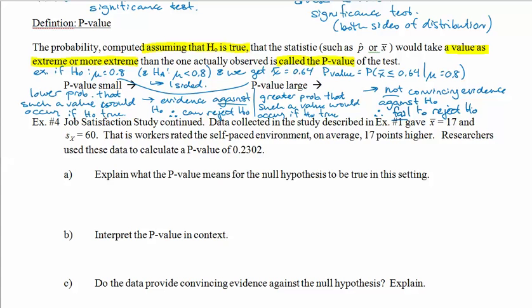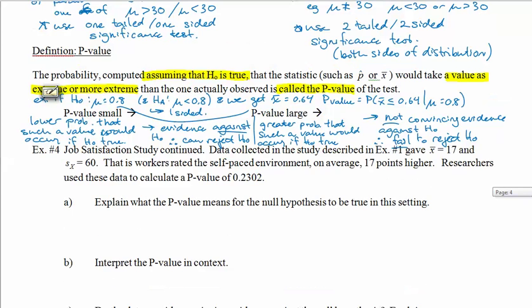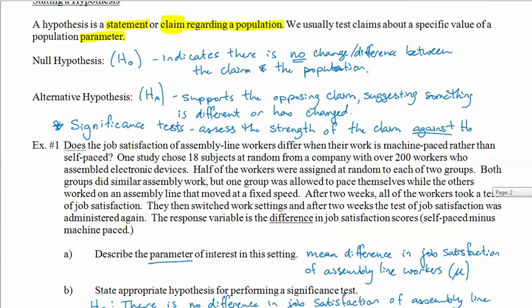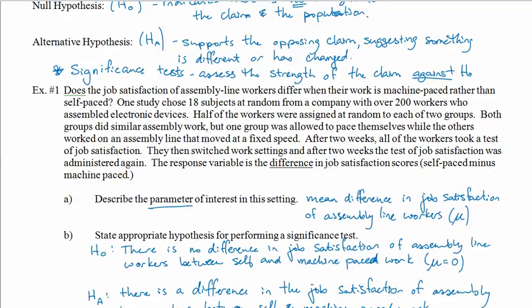All right, for example number 4, we're looking at the job satisfaction study continued. So the data in the study described in example 1, which we'll zip back up to quickly. Here we go. Where we were looking at job satisfaction of assembly line workers, and we tested them by giving them machine-paced work and self-paced work and then flipping them so that they could compare the one against the other for each person.